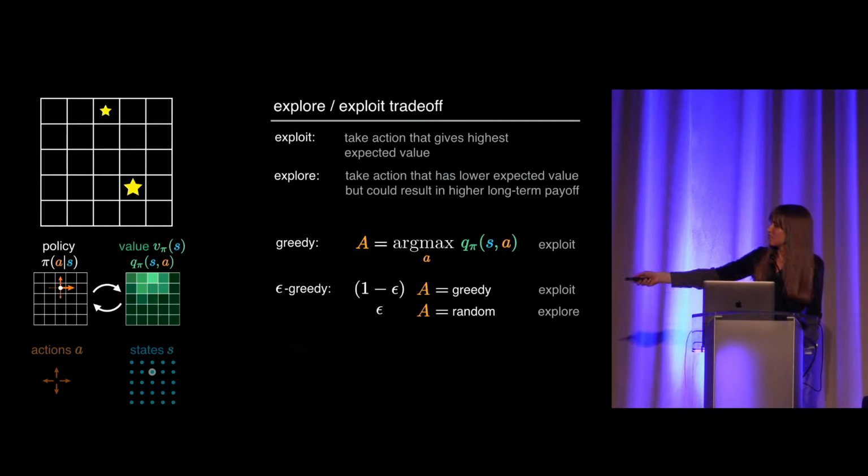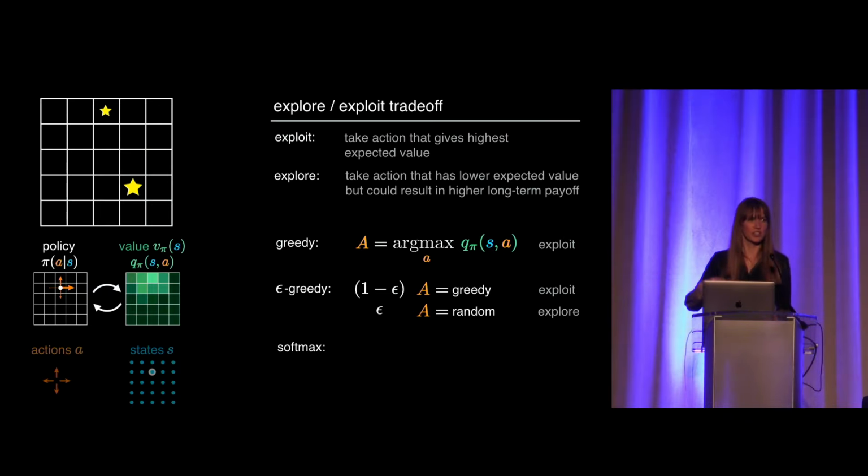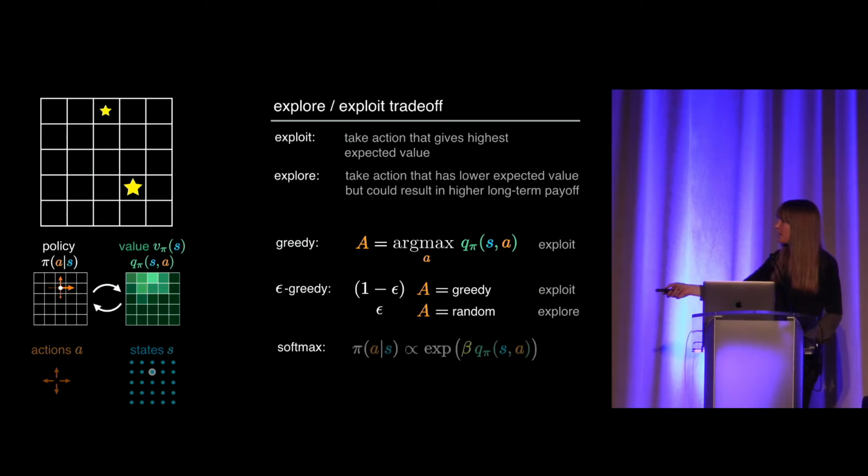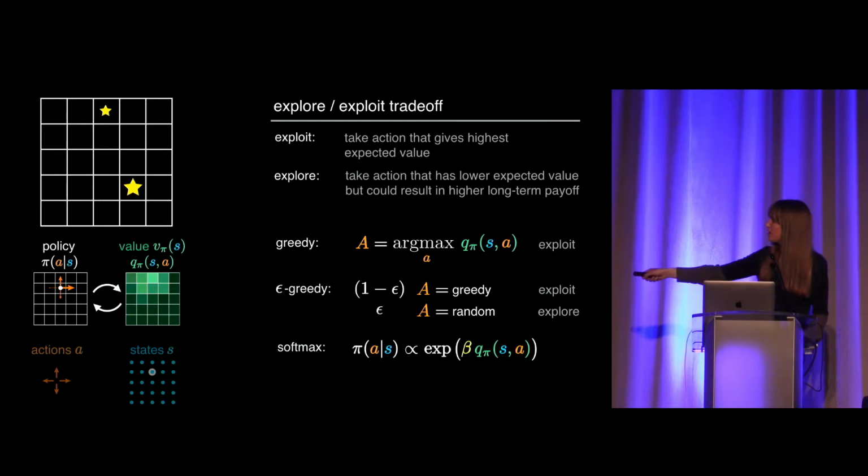Another alternative that's frequently used is something called a softmax policy, where you weight different actions according to their expected value. And so here, you choose actions in proportion to or related to how valuable they are. And here you often introduce what's called an inverse temperature parameter that dials this amount of exploration or exploitation.